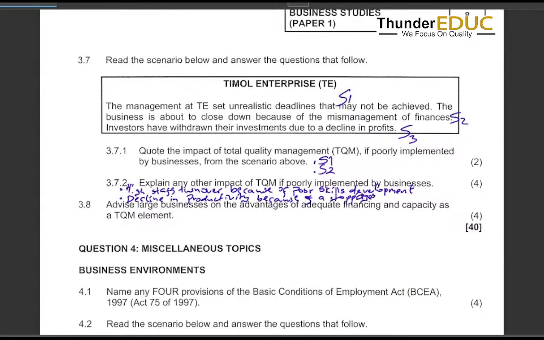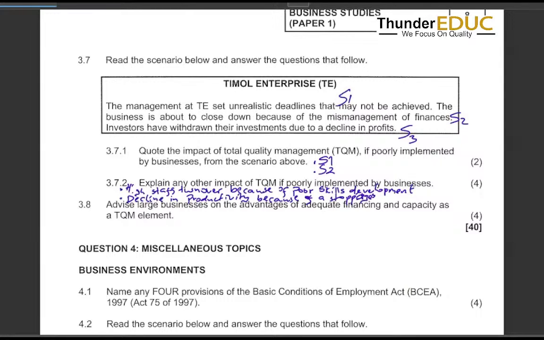Adequate finance capacity as one of the TQM elements specifies that the business can afford product research or market researchers so that they can gather needed information, and also can afford to purchase quality raw materials and equipment.